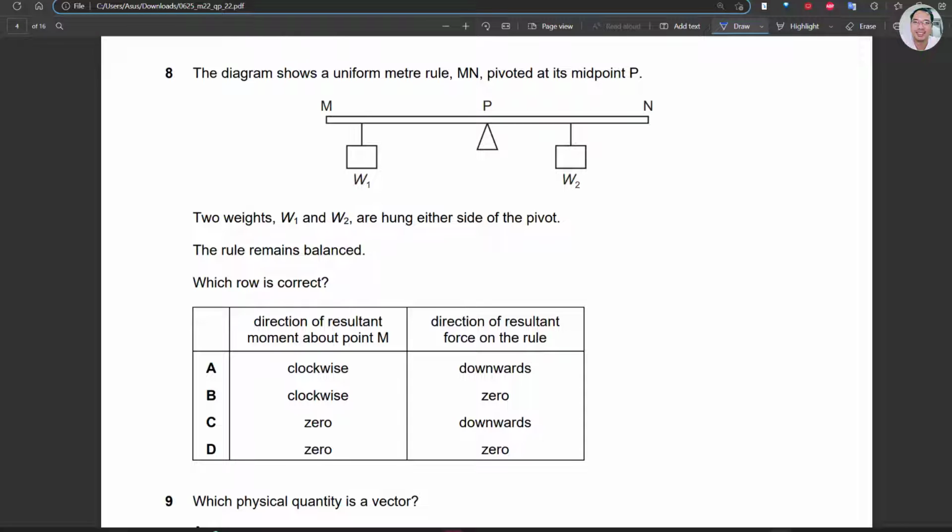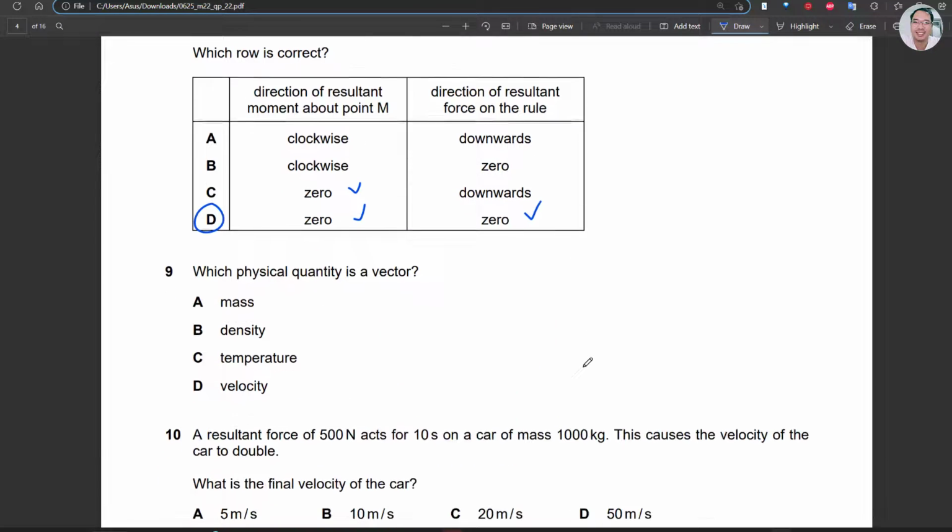If it's balanced, the moment is 0 and the resultant force is also 0. Okay? Answer D. Here are the two conditions for an object to be in equilibrium, balance. Both things, resultant force and resultant moment, are 0.